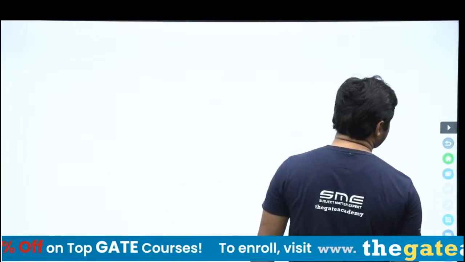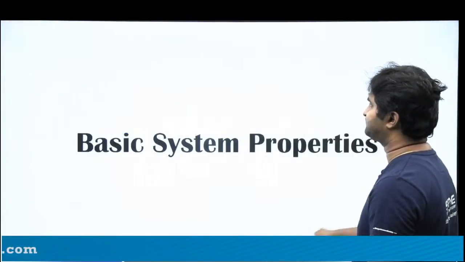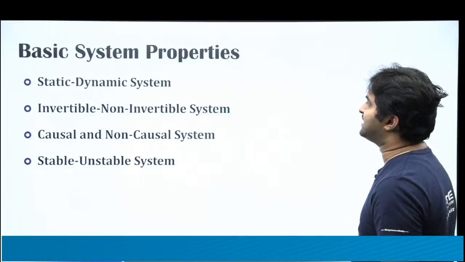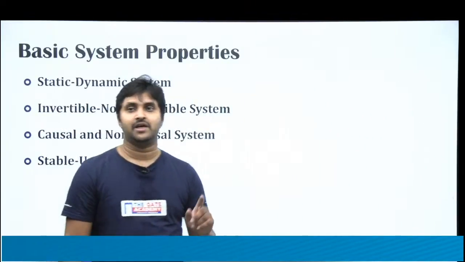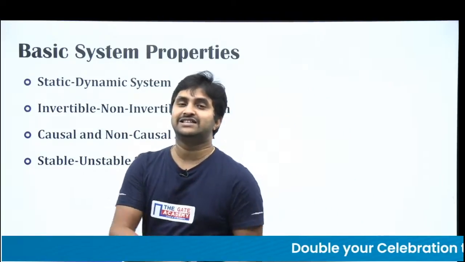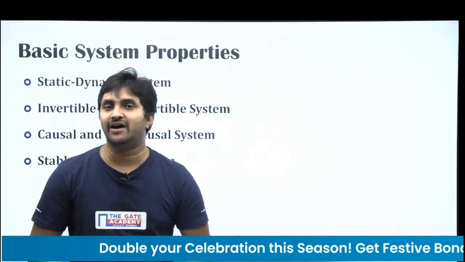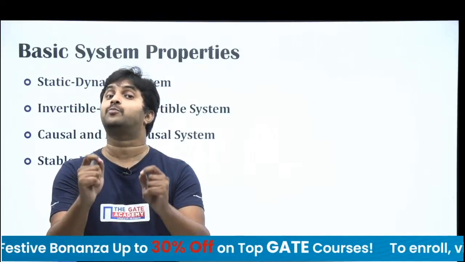So we will start with something called a static system and a dynamic system. So this is based upon which property? Can you please tell me? When I have a classification of a static system and a dynamic system, it is based upon what property?